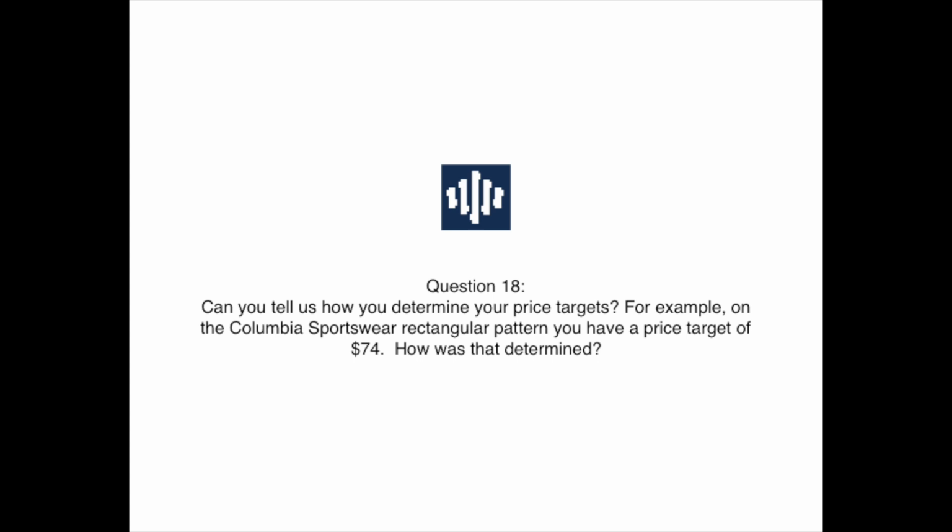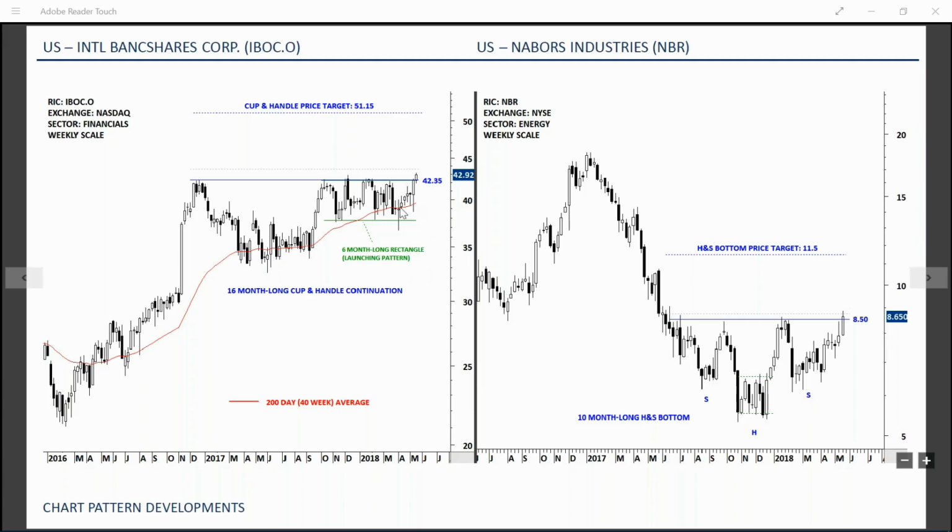Okay, question 18. Can you tell us how you determine your price targets? For example, on the Columbia Sportswear rectangular pattern, you have a price target of $74. How is that determined? With rectangles, you take the width of the chart pattern and add it to the breakout point. Cup with handle: this is the cup, the widest point of the chart pattern.